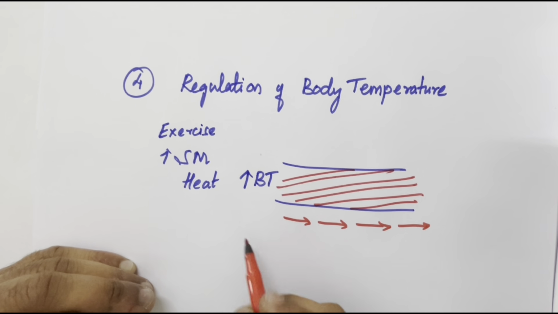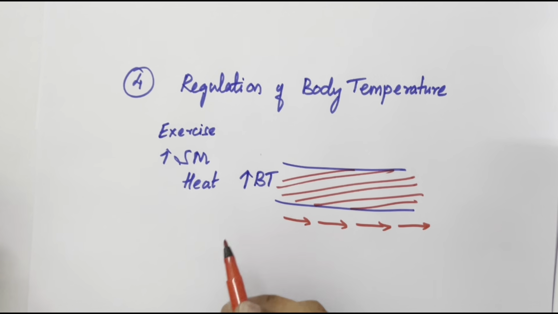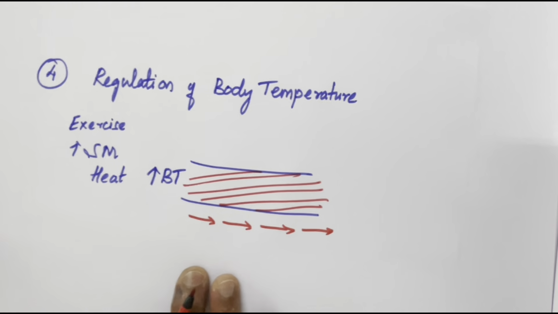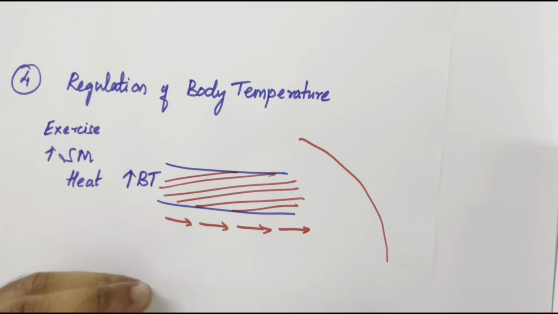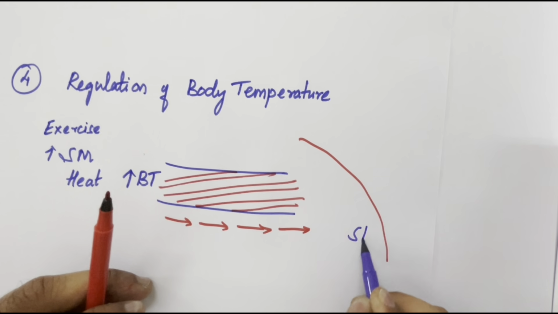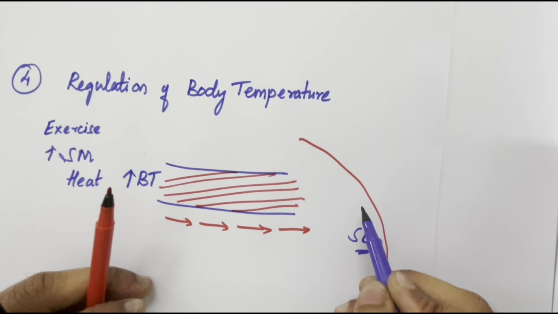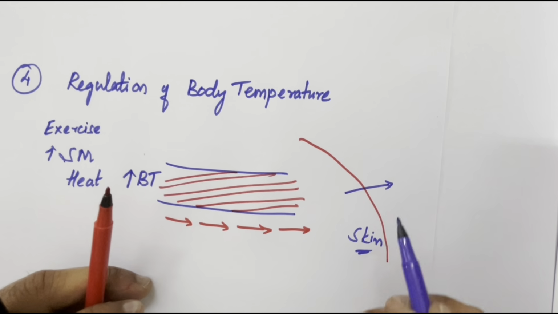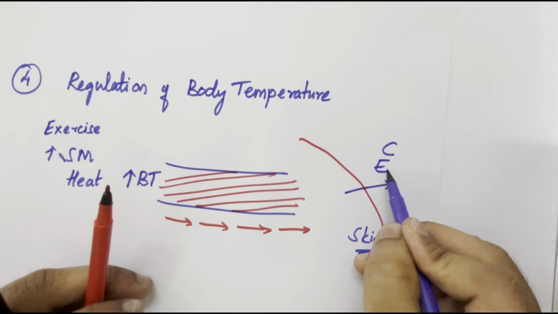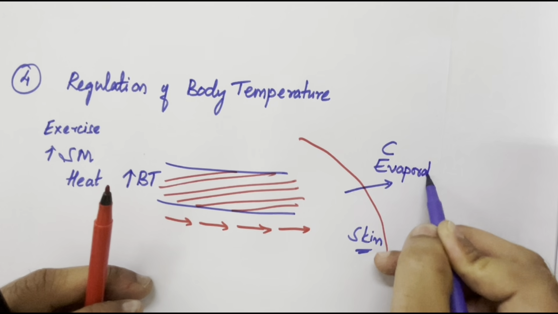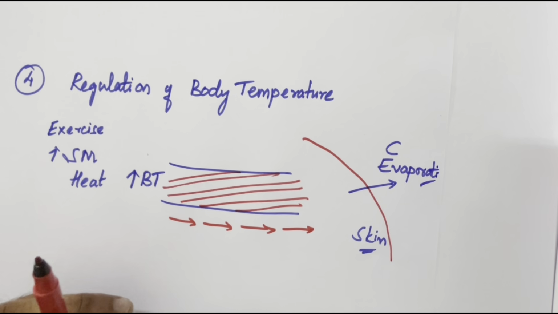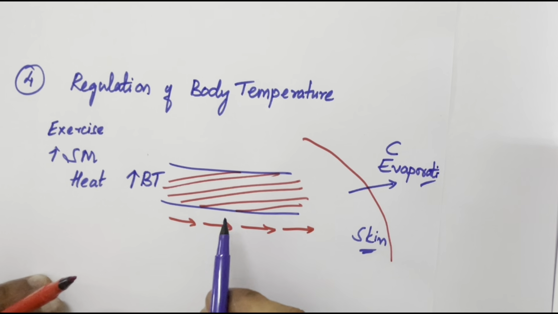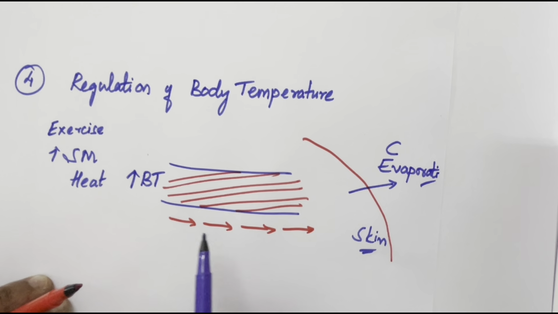The heated blood from the skeletal muscles can reach the skin surface through the blood vessels in the skin, and this heat can be transferred to the external atmosphere either by conduction or by evaporation of sweat. So this is how the blood has a role in regulation of body temperature by conducting the heat.